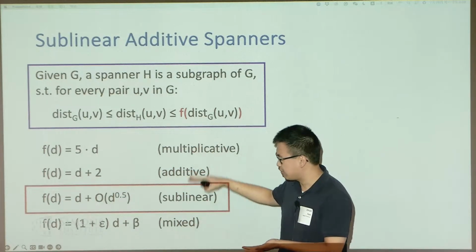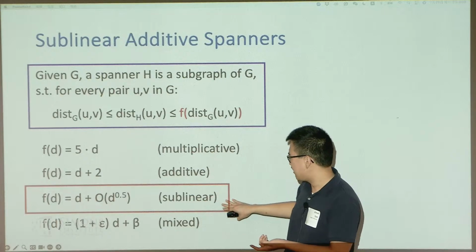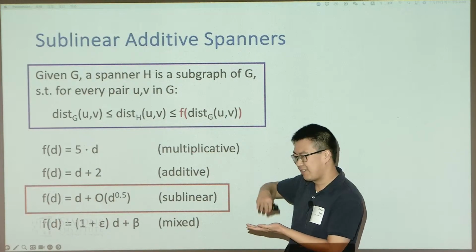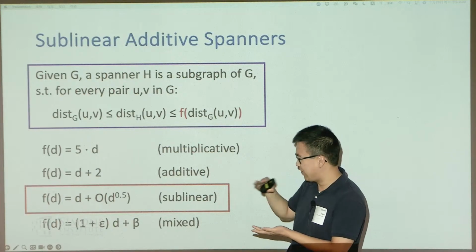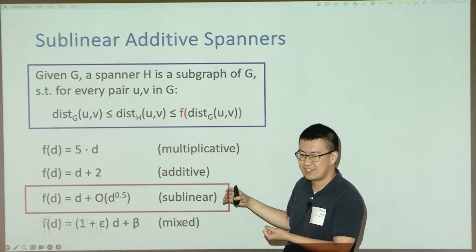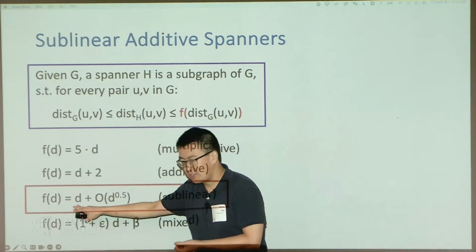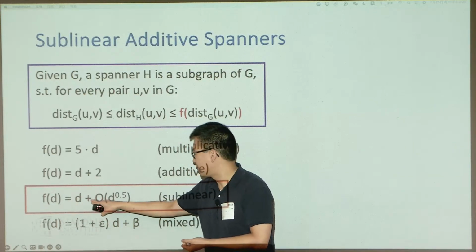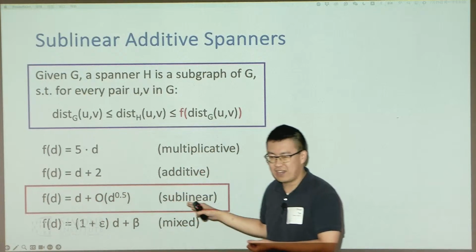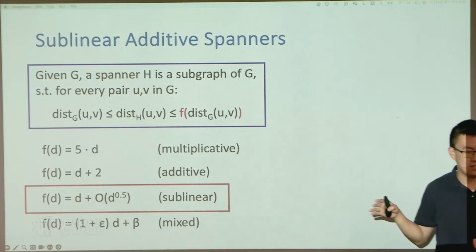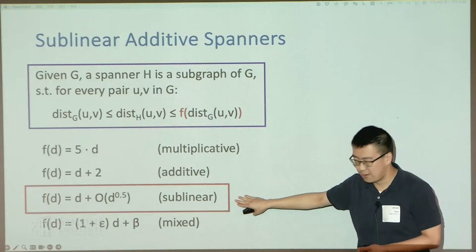There are a lot of things we can do in the middle, and sublinear ones measure what we can do in the middle by different sublinear functions. For example, if the original distance is d, then we allow square root of d as the error. This is what sublinear stretch means, and this will be the topic of today.